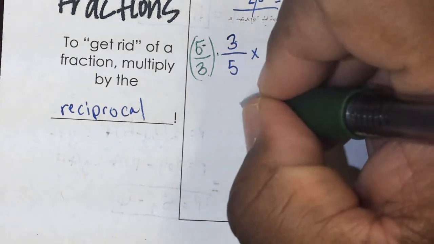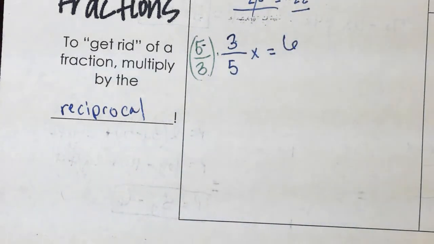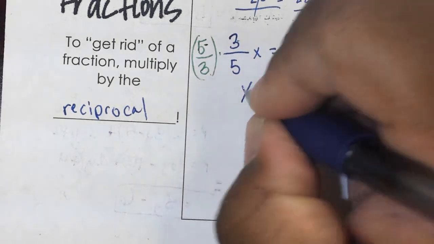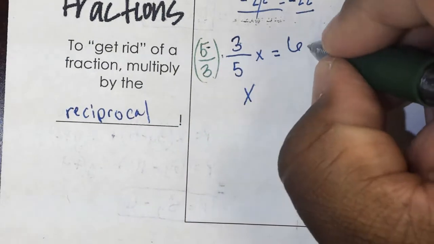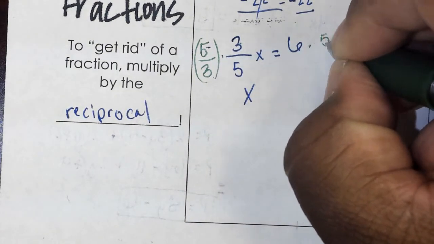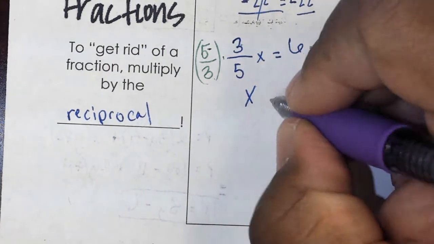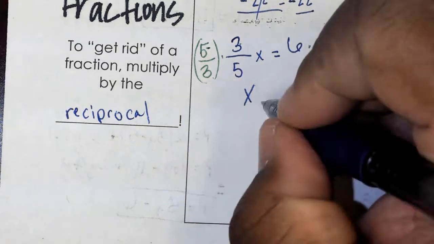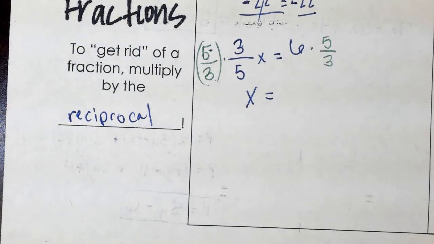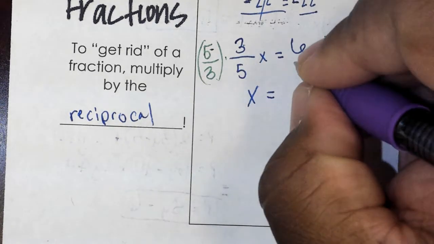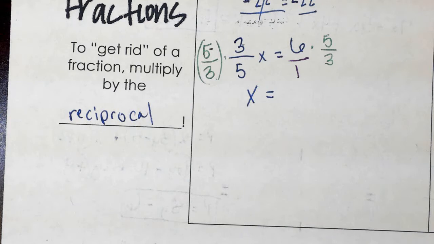So that now becomes 1x, or x, on this side. And then you do the same thing on the other side, times 5 over 3. You have a whole number times a fraction. Before you can multiply, you need to turn this whole number into a fraction. Put a 1 under it.